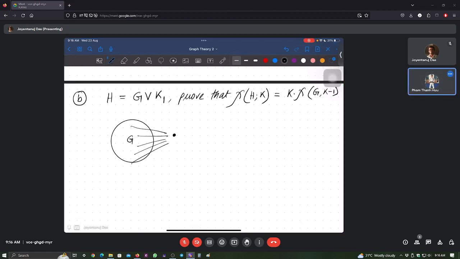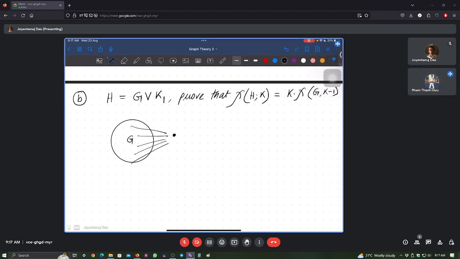It is equal to K times the chromatic polynomial of G with K minus 1. How to do it? We cannot use the recurrence here.